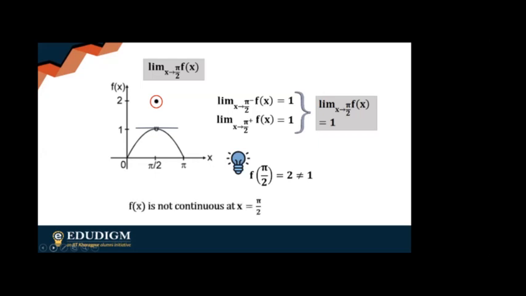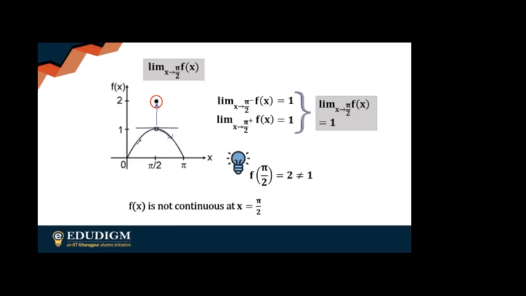Okay, so this is not continuous at pi by 2. Suppose this graph in general, even if it's not mathematically, what you normally mean by something being continuous. Okay, so probably if you look at this particular graph, so this was just going fine, and this was just going fine, and all of a sudden there's a jump. Okay, and then it continues again in this path.